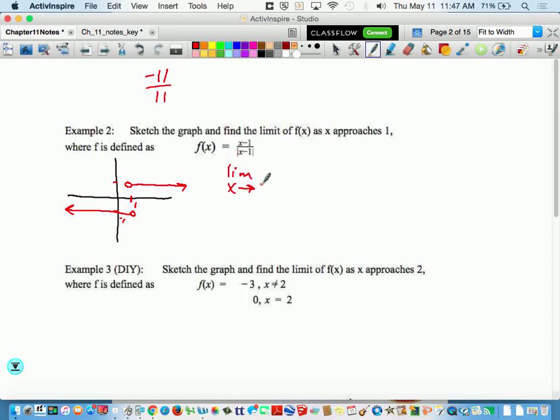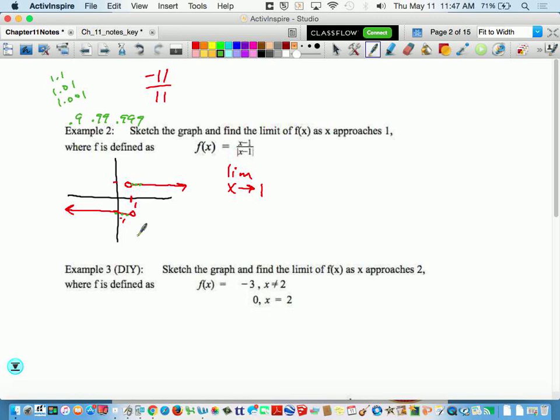So what they're asking us to do is look at this limit as x approaches 1. Now, if you pick the 1.1 and the 1.01s and the 1.001s, you're going to have dots up here getting close to 1, right? And if I pick the 0.9 and the 0.99 and the 0.999s, my dots are going to line up down there.